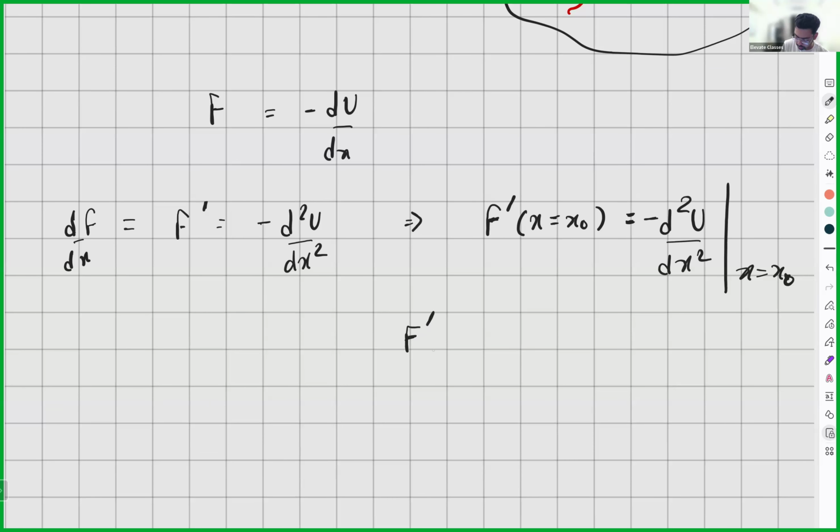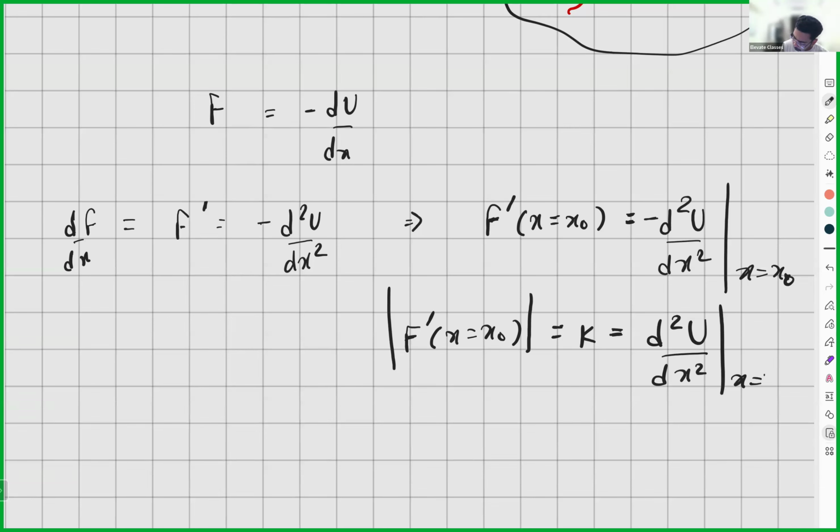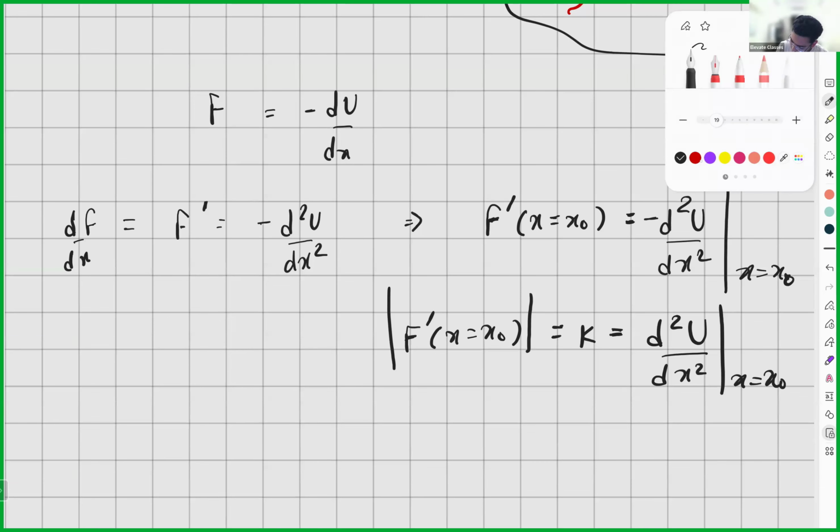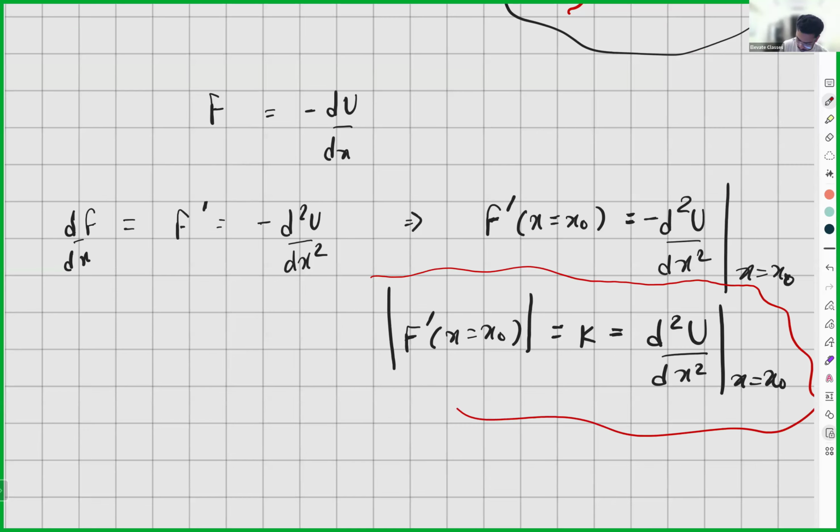Because this thing is k, you can say that this thing is also k. So this is how you calculate k.